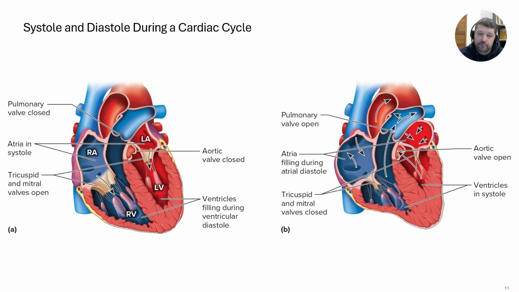The pressure is building up in both the left and right ventricles. When it gets high enough, the atrioventricular valves close, and then the ventricles contract and force the blood through the pulmonary trunk and the aorta.